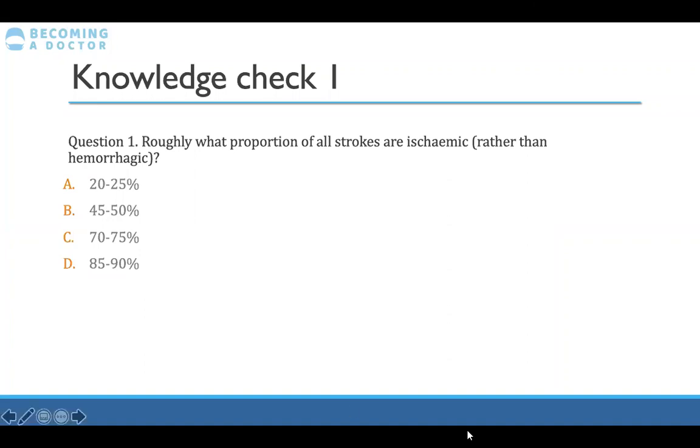All right, okay, let's end the poll there. So the answer is D, 85 to 90, which most people have selected. So ischemic strokes are the most common of both types of strokes. Hemorrhagic are around 10 to 15%. So well done to everyone who got that right.